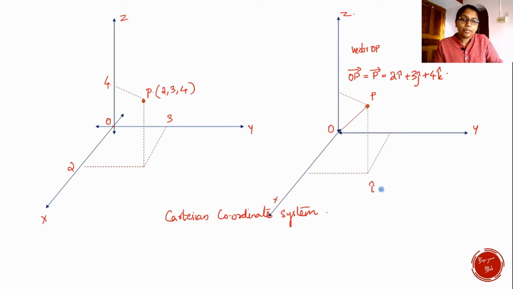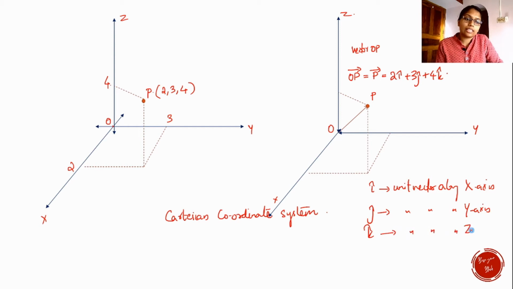We have to specify one thing, that is i cap is the unit vector along the x-axis, and j cap is the unit vector along the y-axis. Lastly, k cap is the unit vector along the z-axis. Got it? Now what is this unit vector all about?